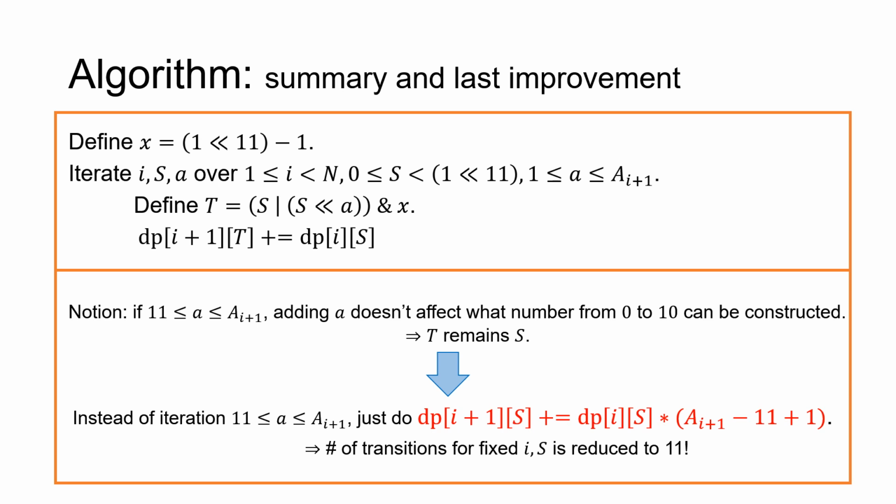So in this case, the next state t equals s, and we can just do one step as in red ink instead of iterating a from 11 to a_i plus 1. This reduces the number of transitions for fixed i and s from at most 10 to the 6 to at most 11.